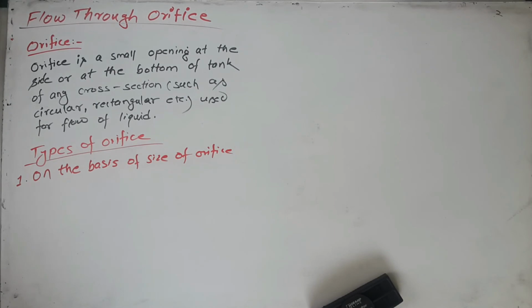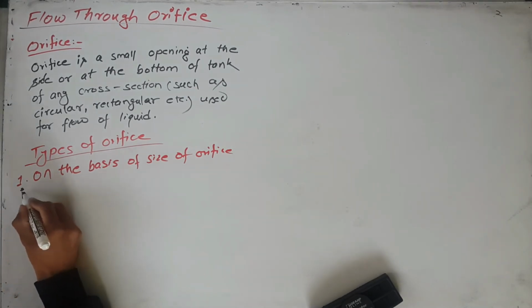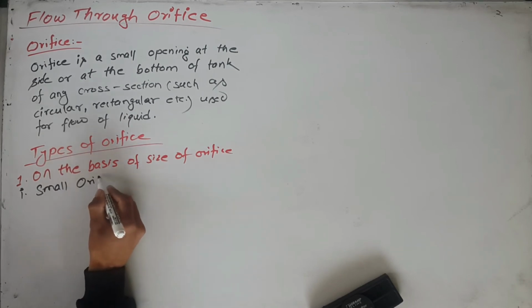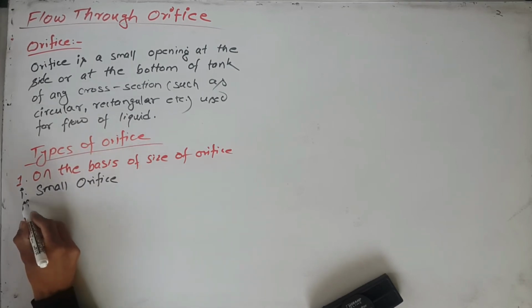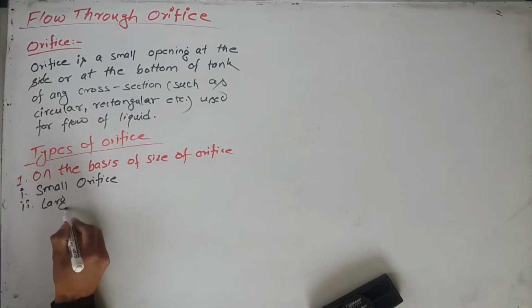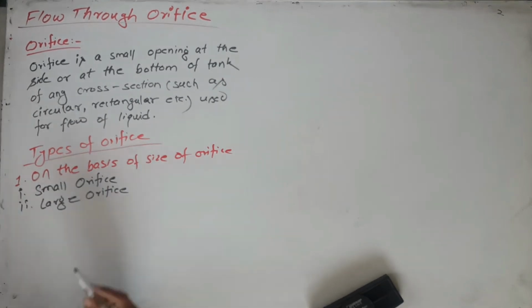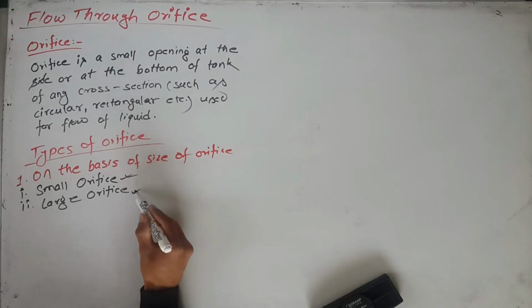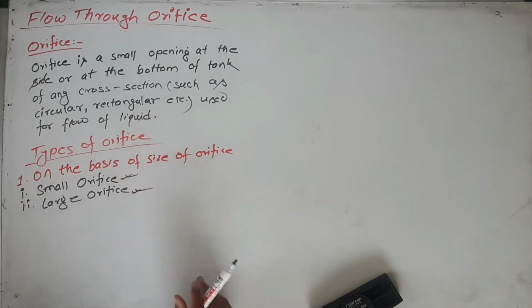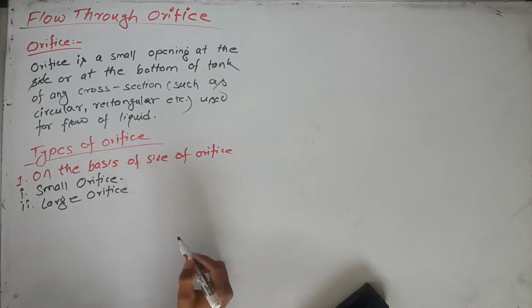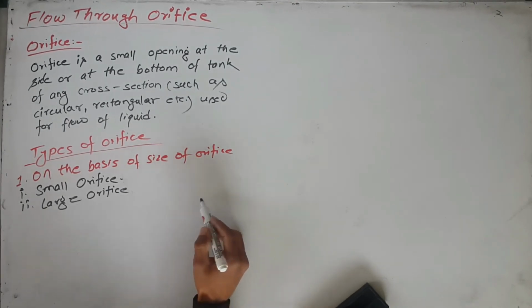On the basis of size of orifice, there is small orifice and large orifice. What is small orifice? What is large orifice? We will discuss now. Suppose we have a tank fitted with an orifice at its side.